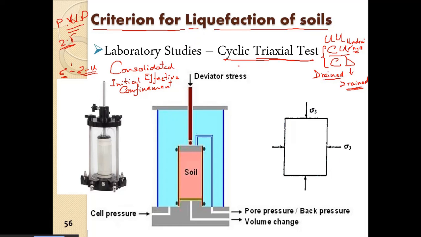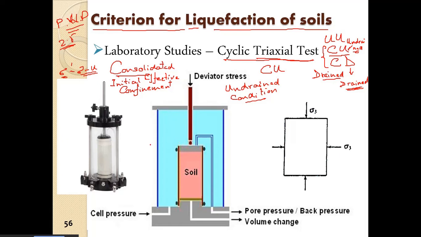So first of all the soil is consolidated, and whatever shear load is applied, that is applied in the undrained condition. So most of the tests are of the nature of CU.